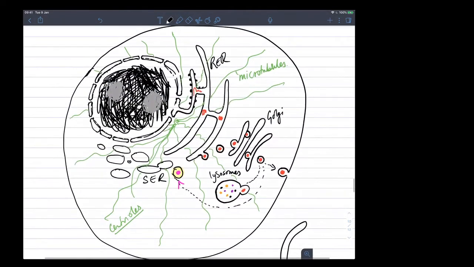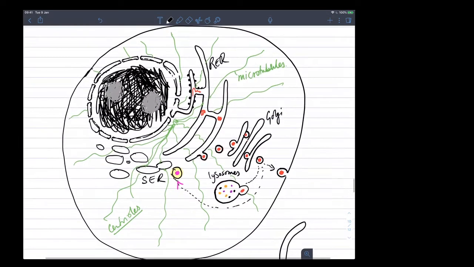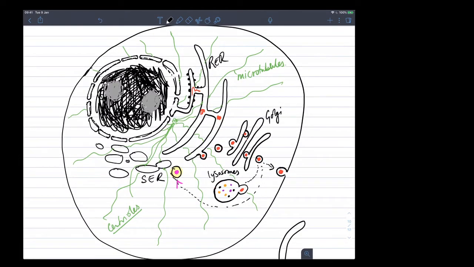Okay, coming back to our cell then, which organelles have I forgotten? So we have mitochondria next. Okay, so we might have a mitochondria like so. Again, this is an enveloped organelle because it's got an outer membrane. It's got a highly folded inner membrane, which folds to form cristae.